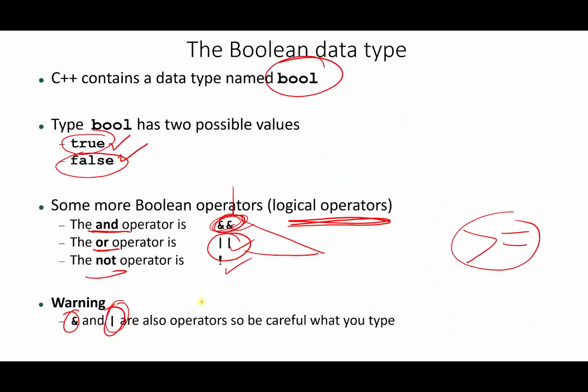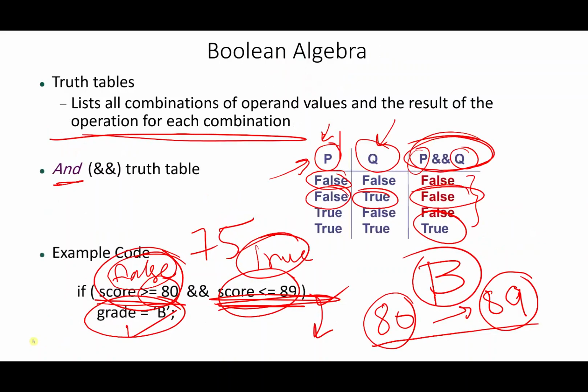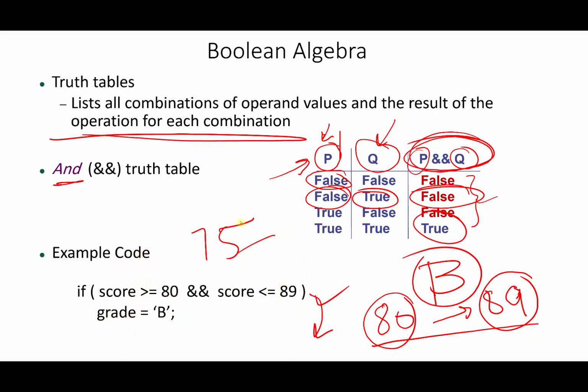Here's where the two ampersands come into play. If you use one ampersand, then it has to check every one. Even if this one is false, it's going to check every one, then say, okay, false and true gives you false.